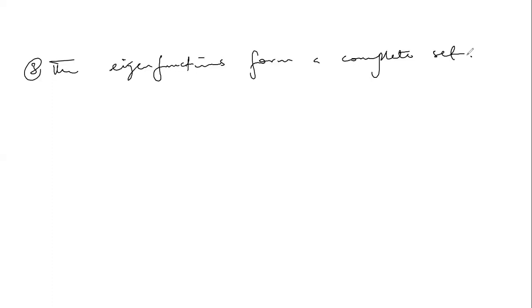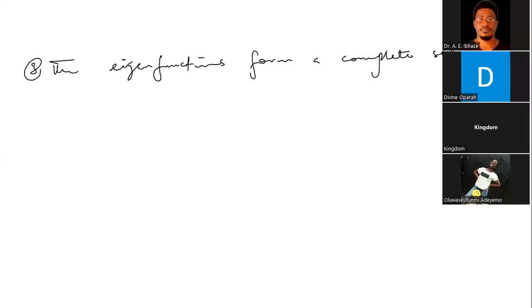So if that is clear, quickly go back to where we stopped. And this time, we'll be looking at the Hermitian operator, for instance, the expectation value of the operator, say it is Hermitian.